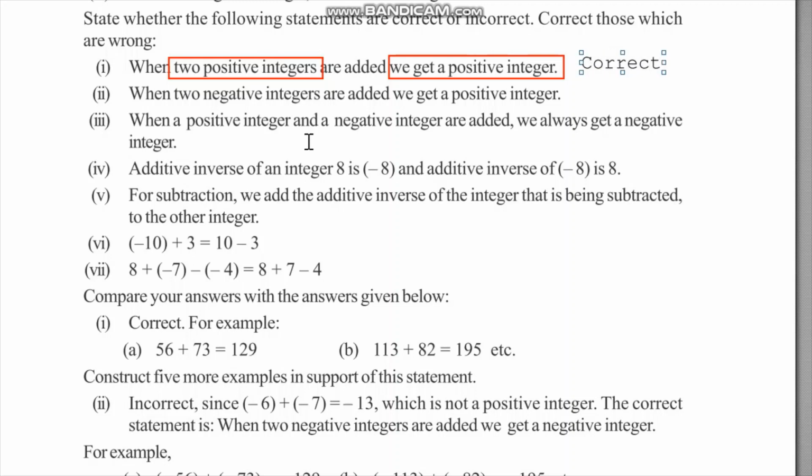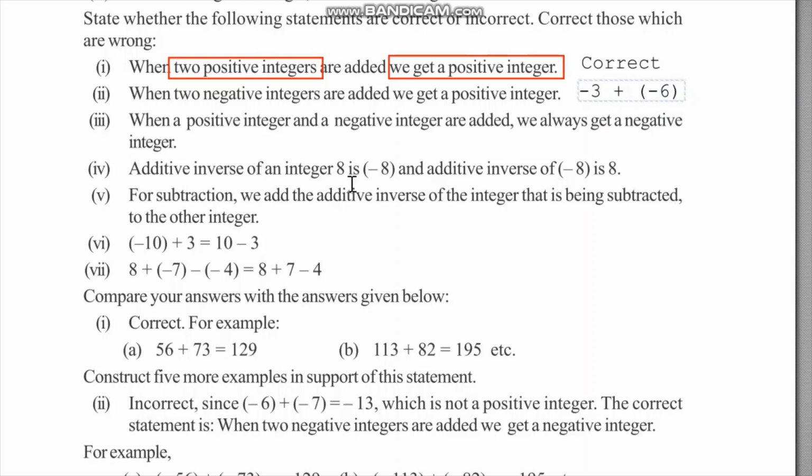Next, when two negative integers are added, we get a positive integer. Do you think this is true? So let us take an example. When two negative integers are added, let us say we have -3 and then we are adding -6 to it.